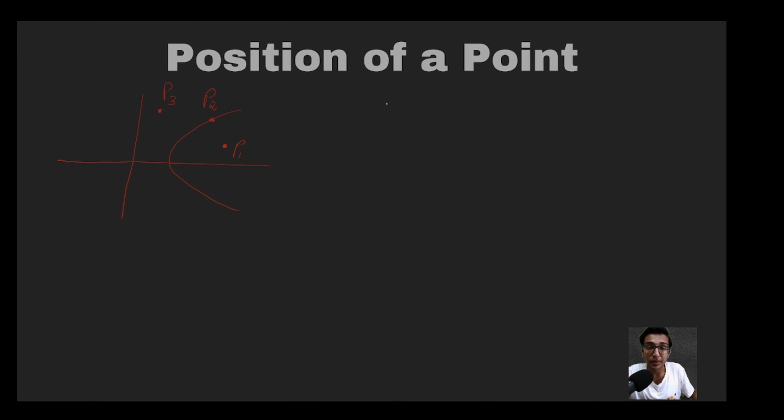I hope you all remember we had studied this in straight lines. If this is our equation of parabola, we can write this as S = y² - 4ax. And if I was to find S1 at a point (x1, y1), then this would be written as y1² - 4ax1.